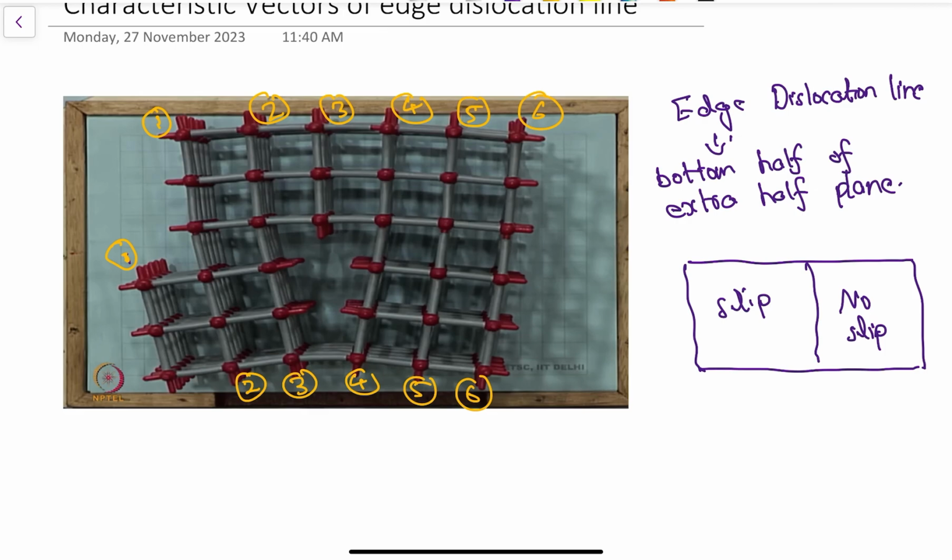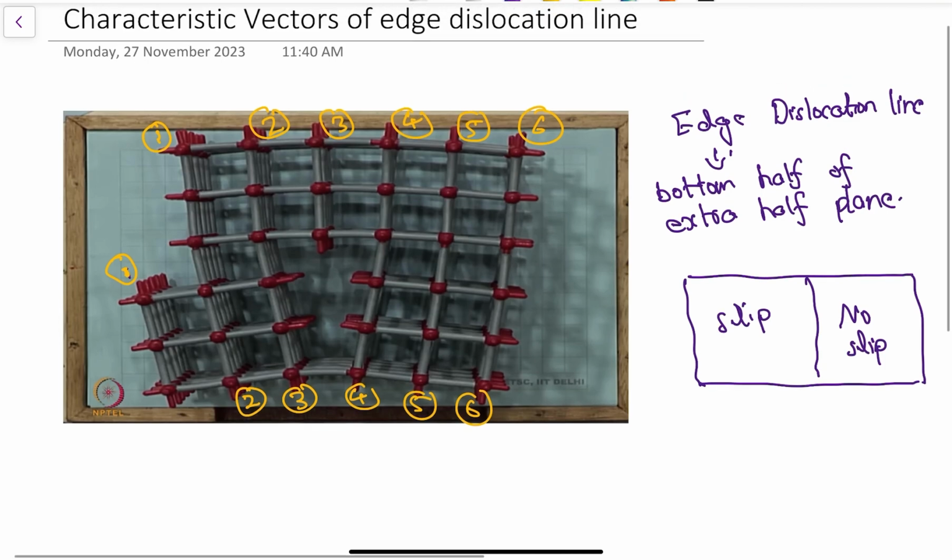You can see that the first top half plane of atoms is flipped. It is pushed, as we have seen in slip, and it rejoins with the bottom half plane of atoms. The top second plane is joining with the third plane, and the top third plane is hanging here. This missing line is called the edge dislocation line.